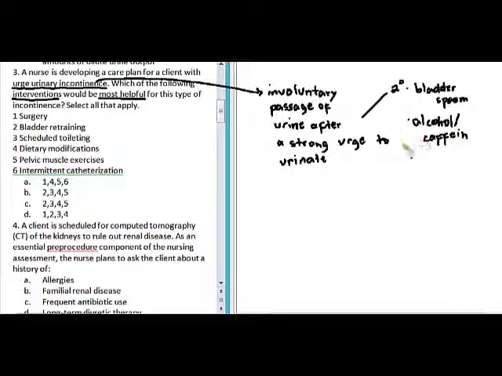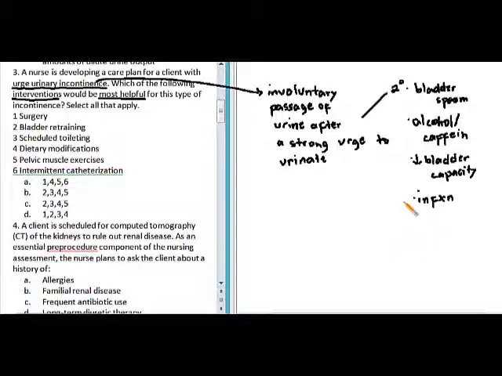What else? Decreased bladder capacity. What else? Infection, and so on and so forth.